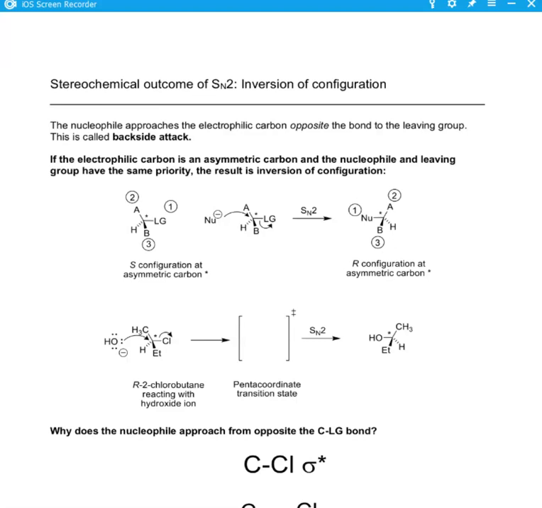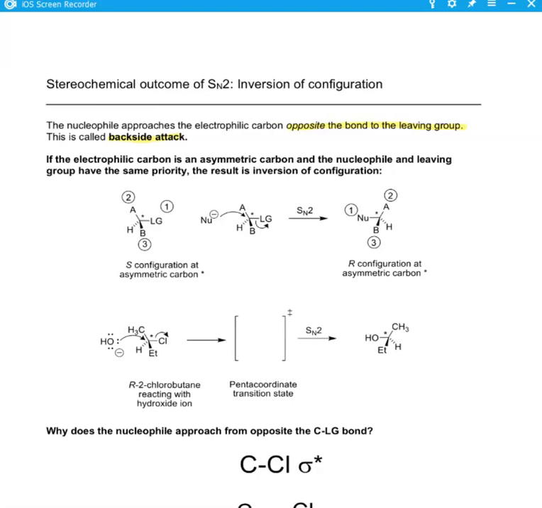So what we saw when we encountered the SN2 reaction as a step in an addition reaction mechanism was that when a nucleophile approaches a carbon, it approaches it opposite the bond to the leaving group. This is referred to as a backside attack or a backside approach. So the nucleophile in an SN2 reaction always comes in and attacks the carbon on the other side from where the bond to the leaving group is.